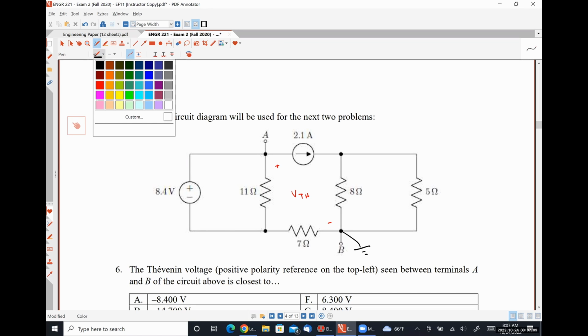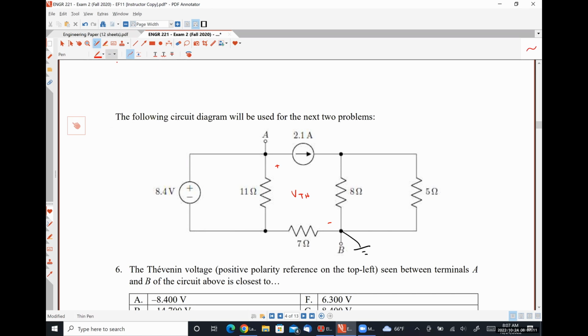So this is A. This is going to be C. This guy down here is going to be D. I don't have any dependent sources to worry about, so I don't have any controlling variable relationships.